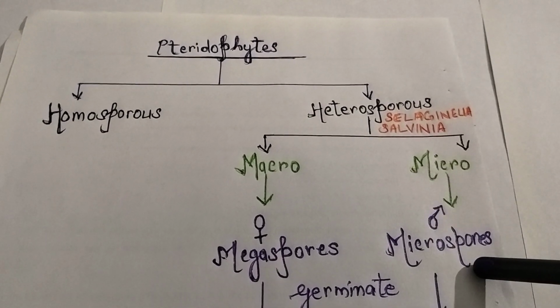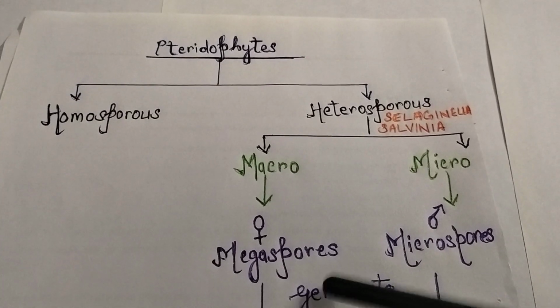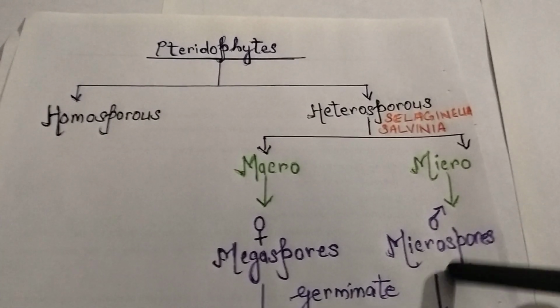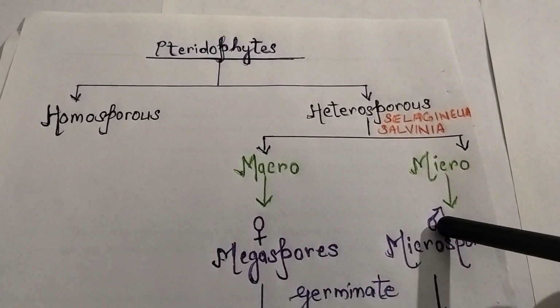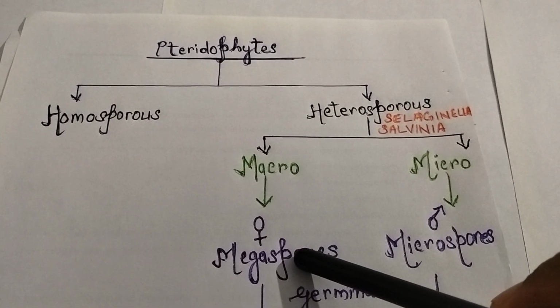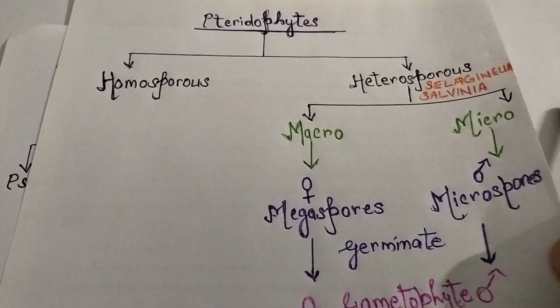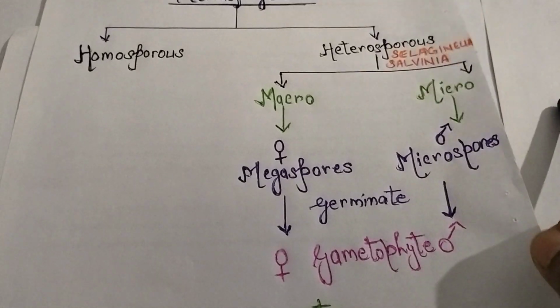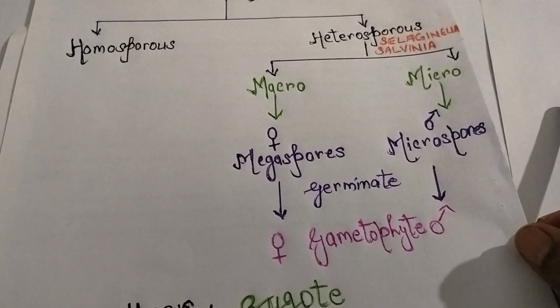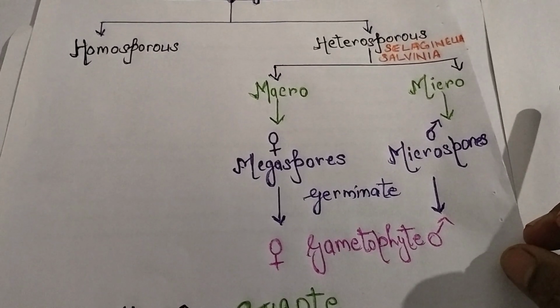Micro are called microspores and macro are called megaspores. And listen carefully here: microspores are the male spores and megaspores are the female spores. Two kinds means one is male and the other is female. Male is micro and female is macro, or megaspore.